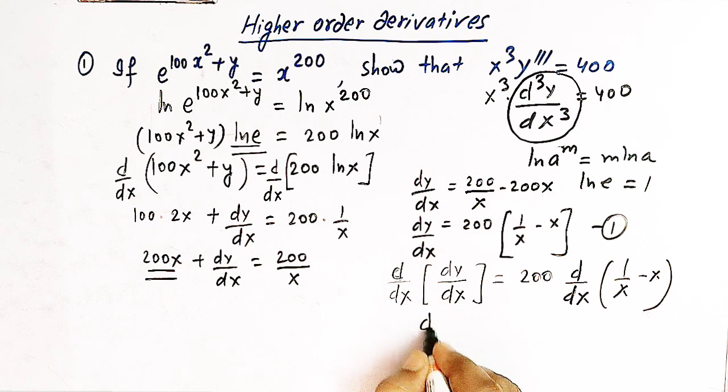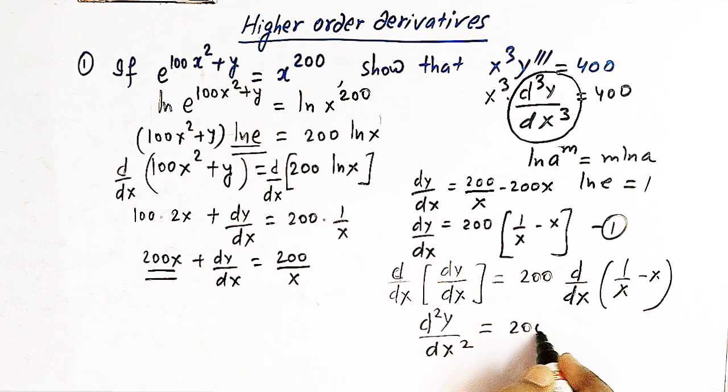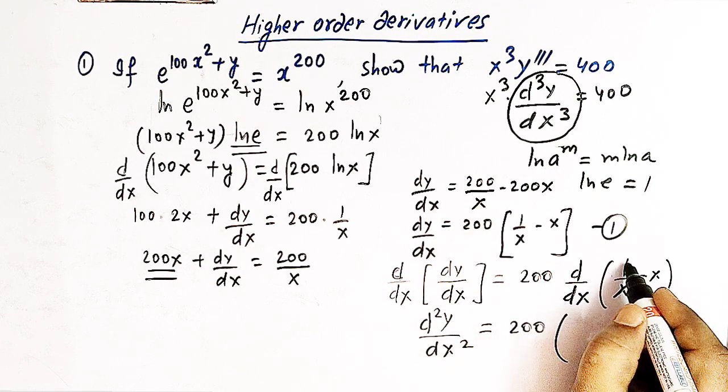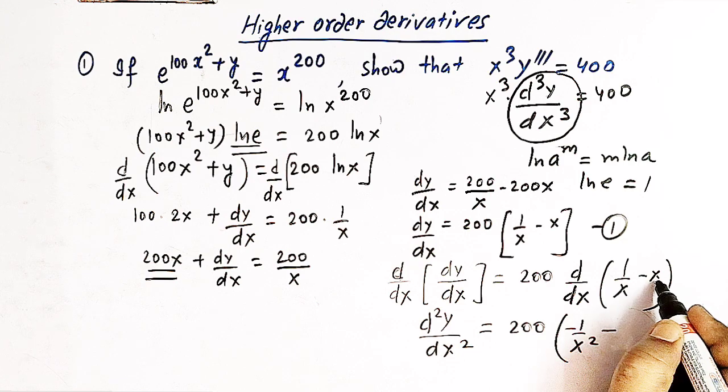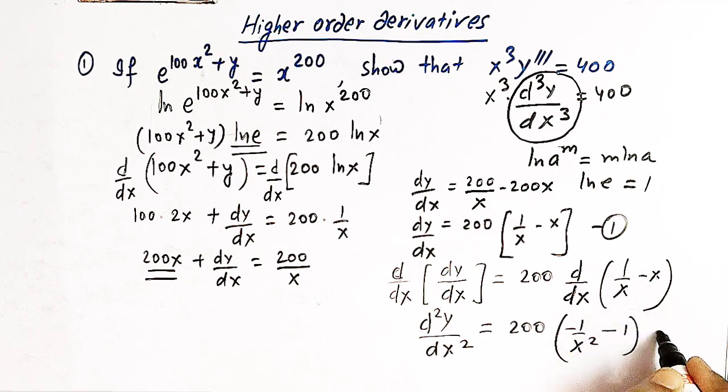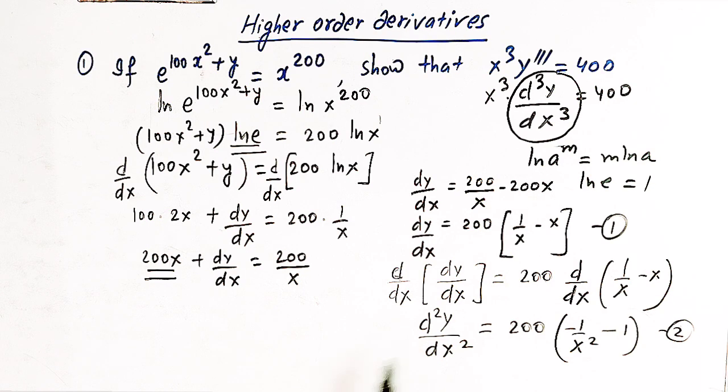So this is the second order derivative d2y over dx2, and here we have 200. The derivative of 1 over x is minus 1 over x square, and the derivative of x is 1.